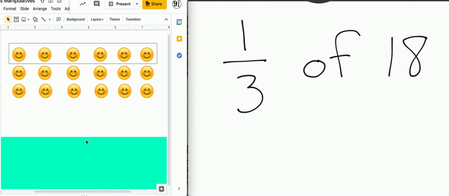One way that we can take fractional pieces of any whole numbers is to think about taking 18 and splitting them into 3 equal parts. That sounds like 18 divided by 3, which is exactly what we're doing in this case. We're taking 18 wholes and splitting it up into 3 equal parts, which is 6. And as we can see here, we have 1, 2, 3, 4, 5, 6 smiley faces.